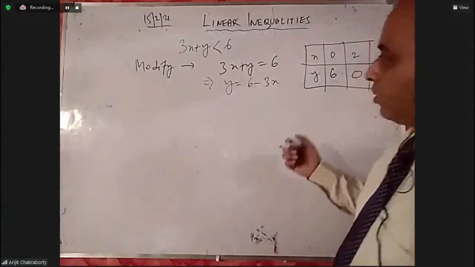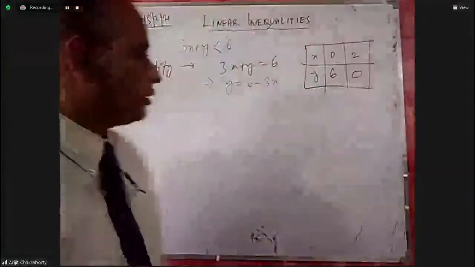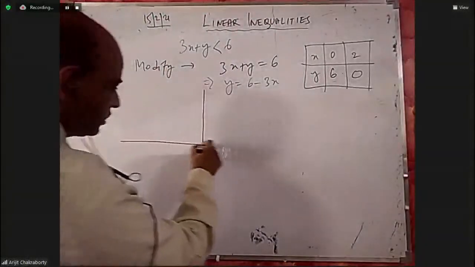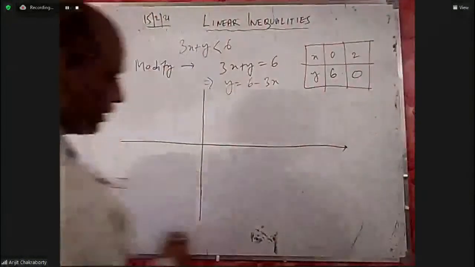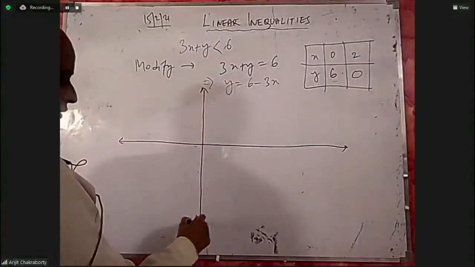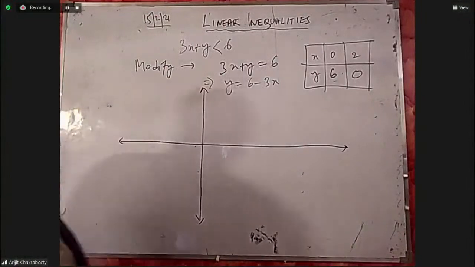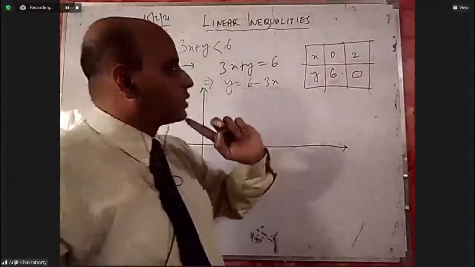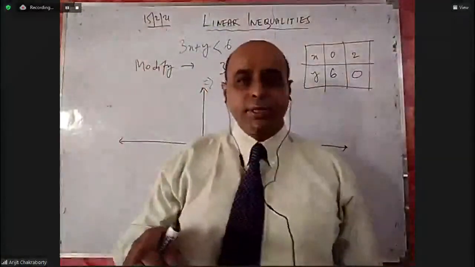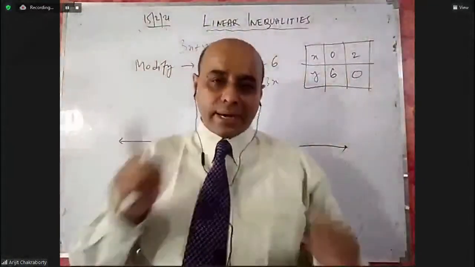Now I will draw the vertical line and the horizontal line, trying to draw them as straight as possible. Please see the coordinates, like the GPS, the global positioning system, latitude, longitude.